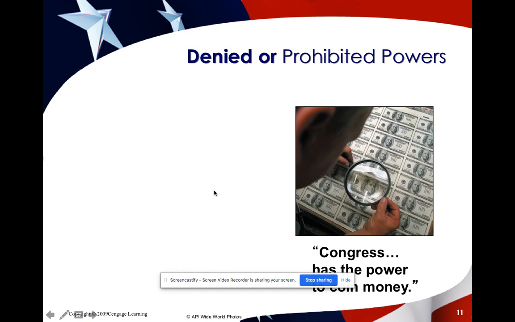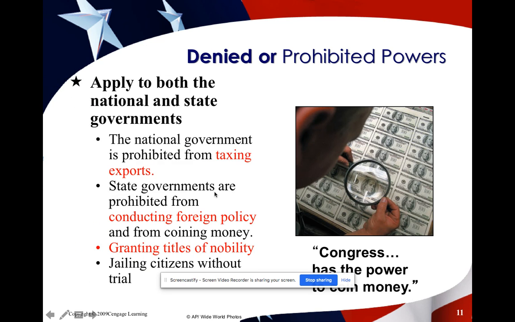Okay, these are the powers that are denied. This applies both to the national and state government. We learned in our constitutional convention that the government cannot tax exports. That is a power denied to the federal government. Our founding fathers put that in the Constitution. State governments are prohibited from conducting foreign policy.